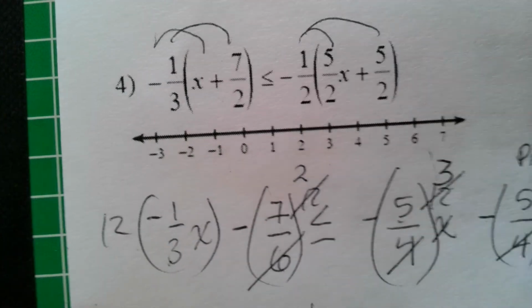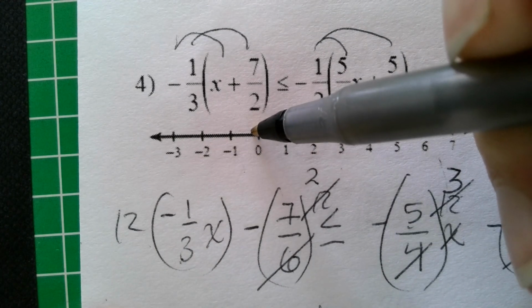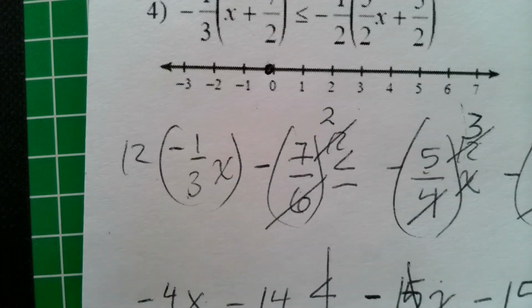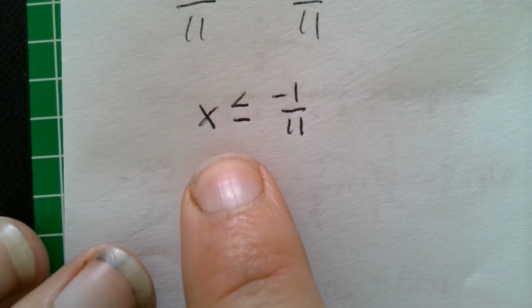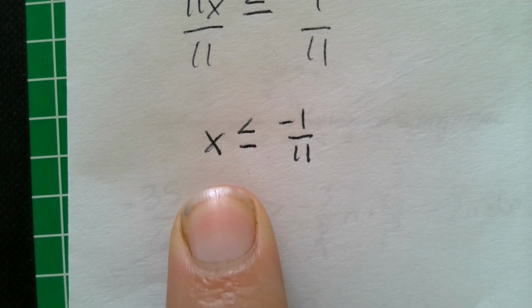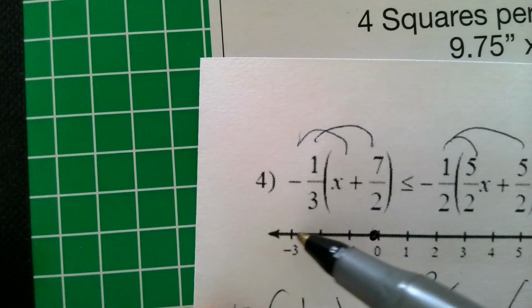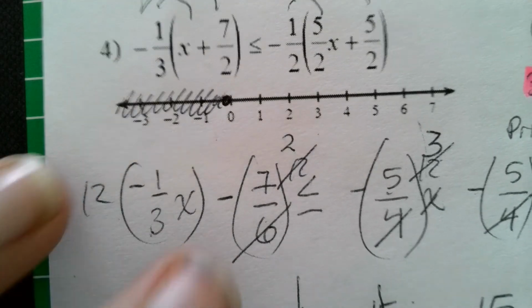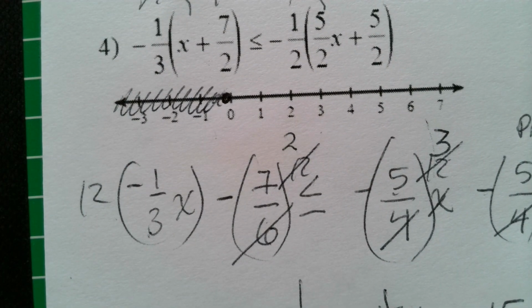So there should be a dot not on 0 but close to 0. And then, is this saying we're going to go left or we're going to go right? Left. So we're going to go ahead and fill in to the left. And that's it. Go ahead and glue that in.